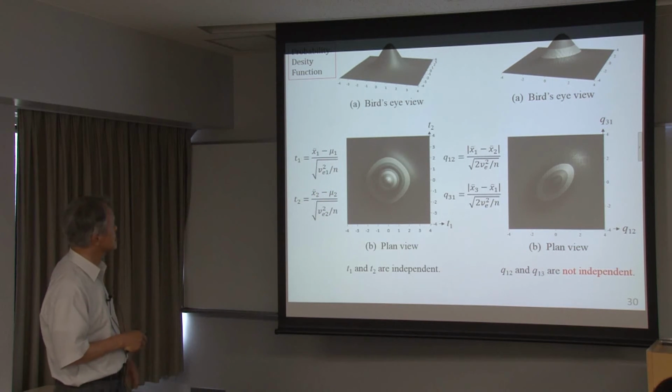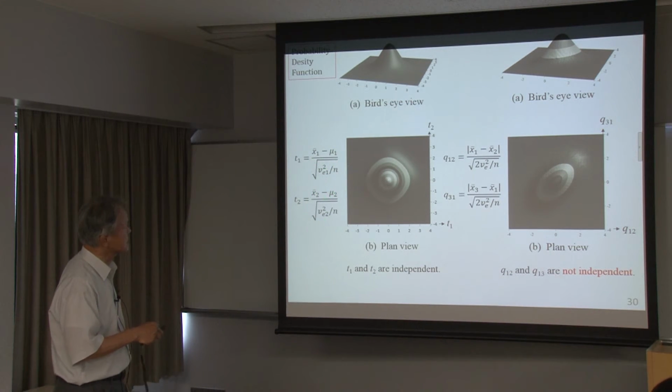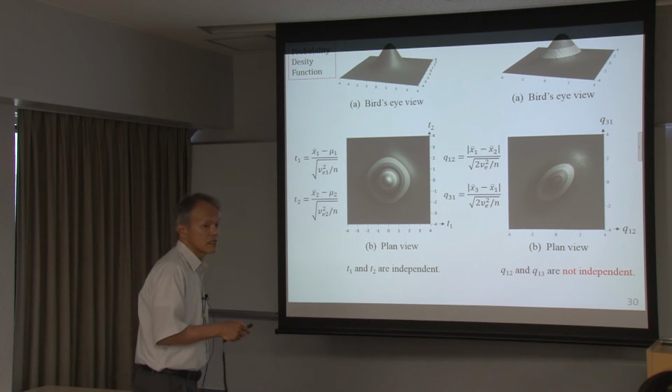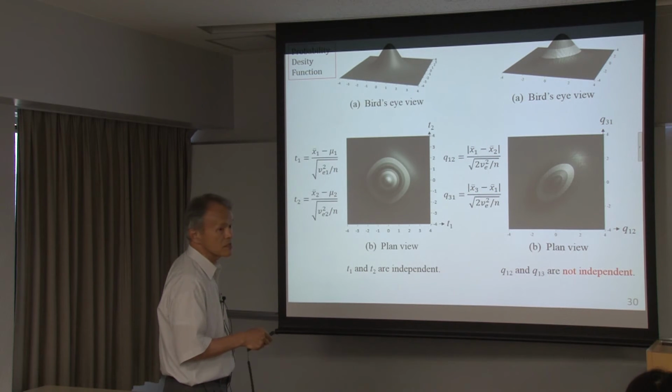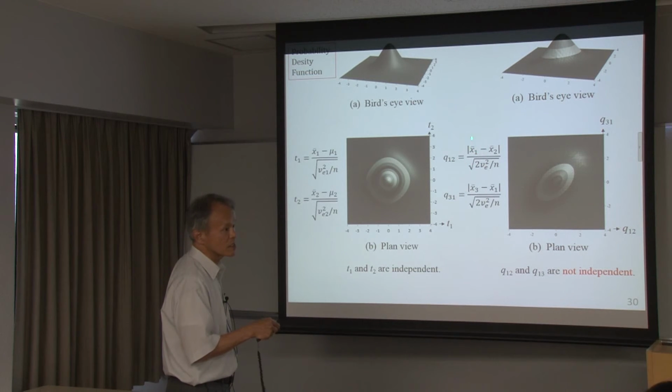These are separated. These values are independent. But in the case of this one, x1 and x2 appear in this equation. Also, x1 appears in this equation. So these two are correlated because x1 is included in both equations.